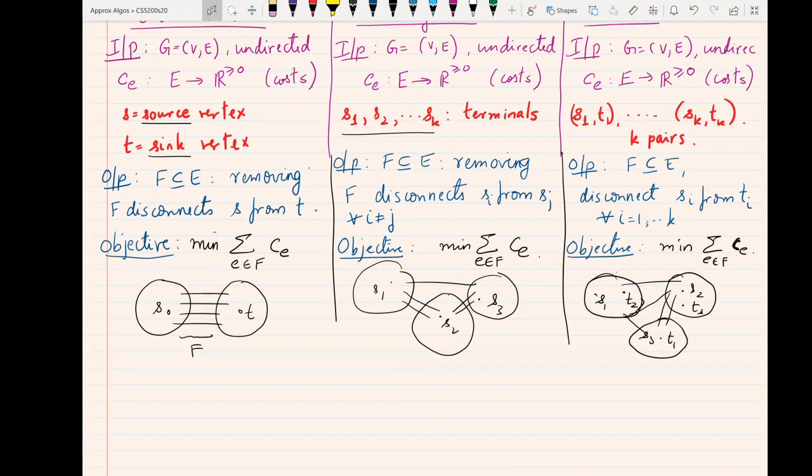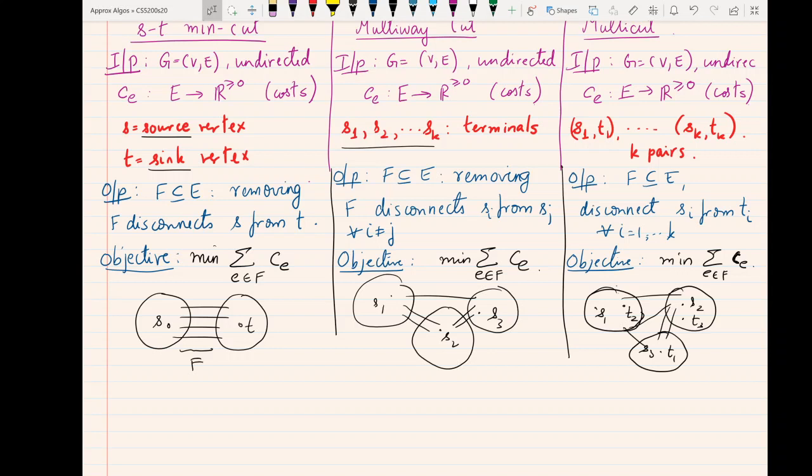So clearly, a multi-way cut generalizes the ST min cut, and a multi-cut generalizes even the multi-way cut. What are the algorithms that we'll see for this? For the ST min cut problem, as you would expect, we are going to see a completely polynomial time algorithm that solves the problem exactly.